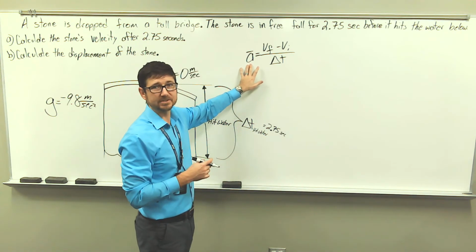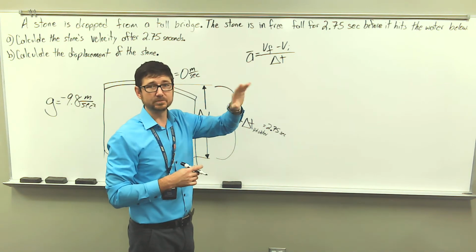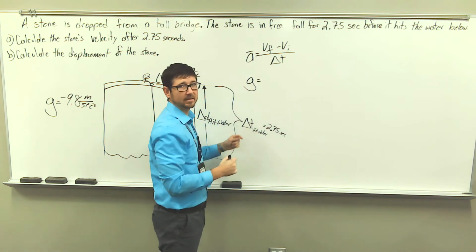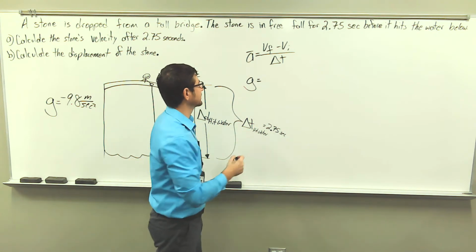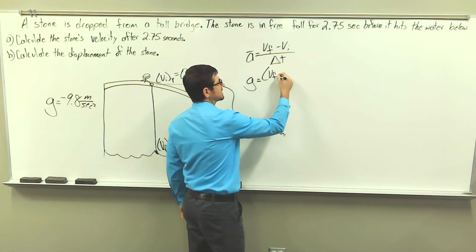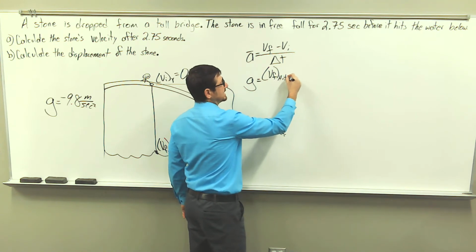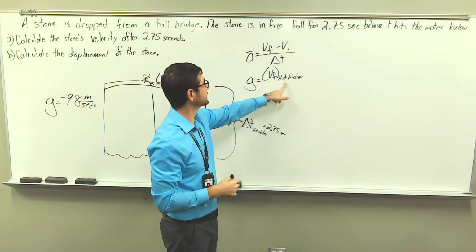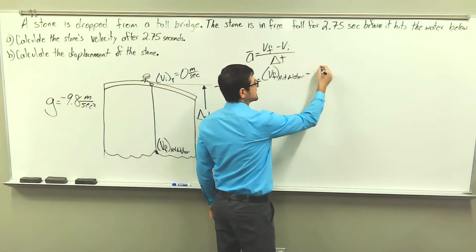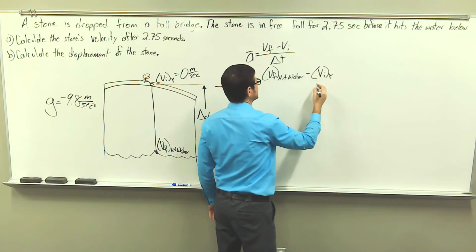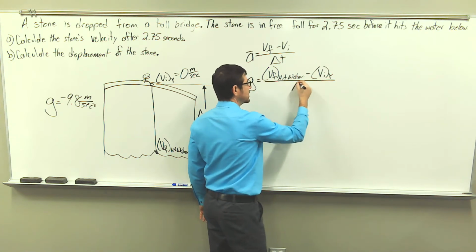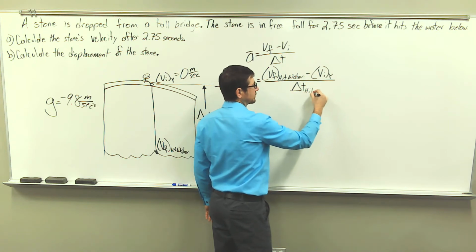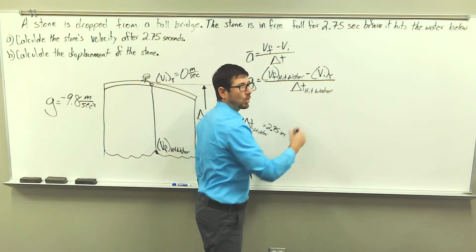So the acceleration of the stone, remember, the stone's in free fall. It's the acceleration due to gravity, identified by lowercase g. The final velocity is the velocity that the stone has when it hits the water. So I'm going to use the subscript of hit water minus my initial velocity. Well, this is the initial velocity in the y direction. We're going to divide this by delta t, so the time interval to hit the water.